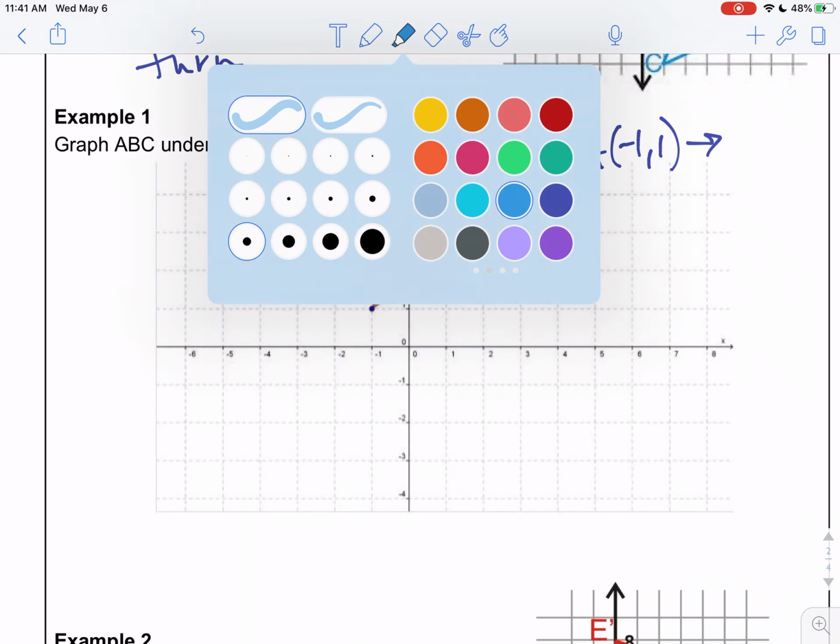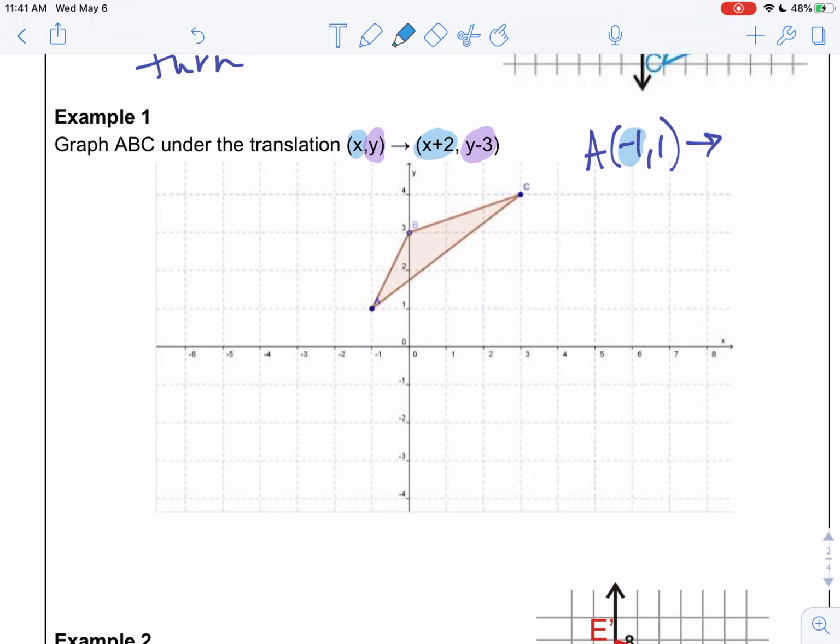Now, if we take our x coordinate of negative 1 and we add 2 to it, A prime is going to be hanging out at 1 comma. And if we look at our y coordinate at 1, we're going to subtract 3 from it. So 1 minus 3 gives us negative 2. So A prime is hanging out at (1, negative 2), right here.